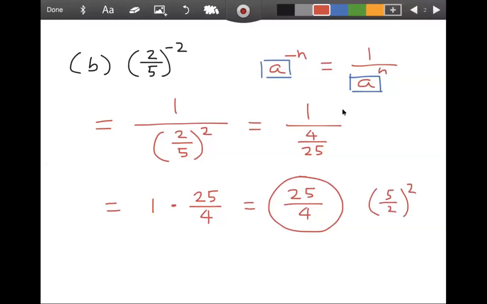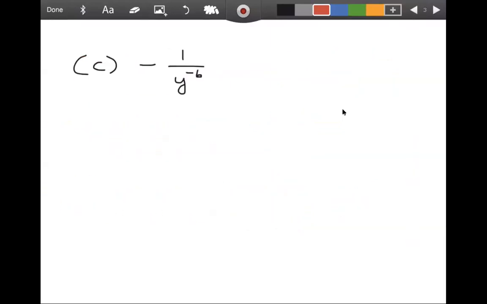Okay. All right, and the last example in this batch is -1 over y to the -6. So again, according to the negative exponent rule, y to the -6 is 1 over y to the 6th.